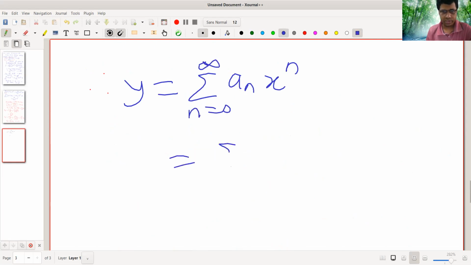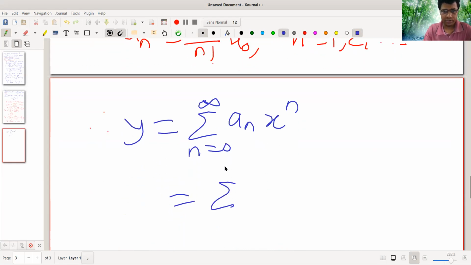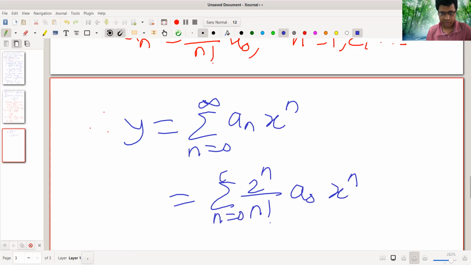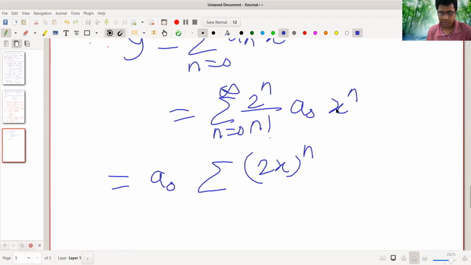It is summation, an is now 2 raised to n by n factorial a0 x raised to n, n is 0 to infinity. Now a0 is constant, which we can take as a common term. So a0 summation 2 raised to n into x raised to n, it is 2x raised to n by n factorial, n equal to 0 to infinity. This is the required solution.